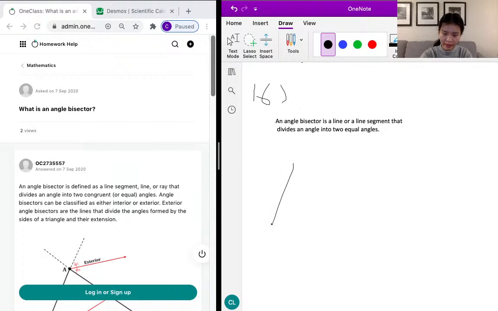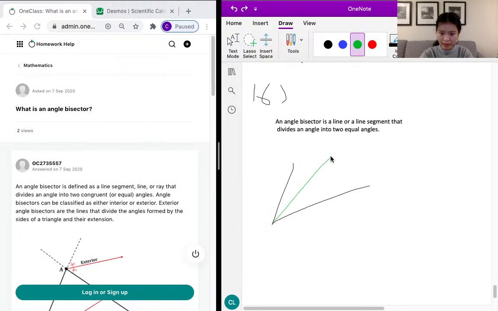Okay, so say this is an angle bisector. It just divides this angle into two equal parts. Let me draw it again so it's better. Cool, now this part is more perfect. So basically, pretend this angle and that angle have the same value, or this line divides these two angles equally.